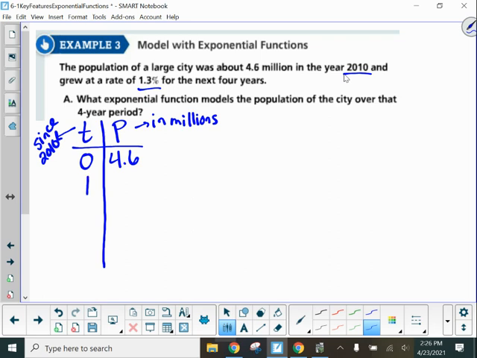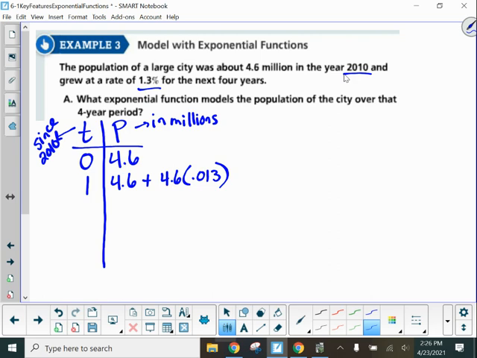So if I'm looking at the first year since 2010, so this would be 2011, I have my initial population. It grew at a rate of 1.3%. So I have to find 1.3% of 4.6 and add those together.